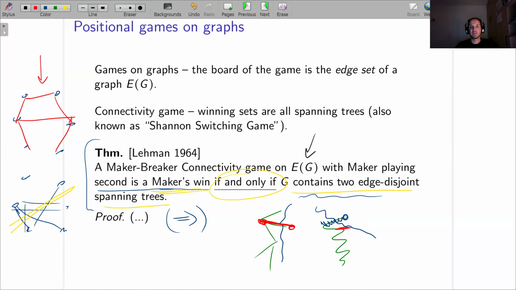If we insert this edge into that other spanning tree, there will be more and more intersections of these two spanning trees, and in the end maker will claim a spanning tree that is the complete intersection of these two. So that's also completing the other direction.